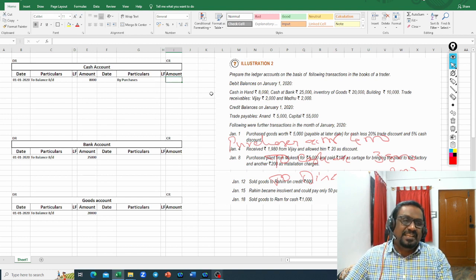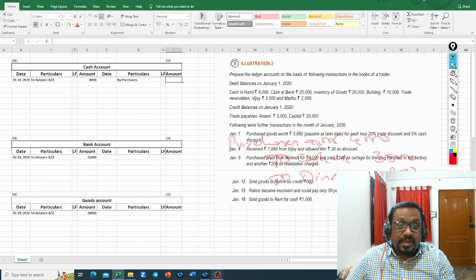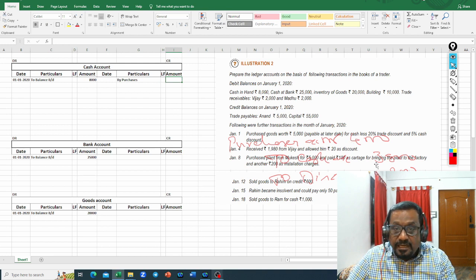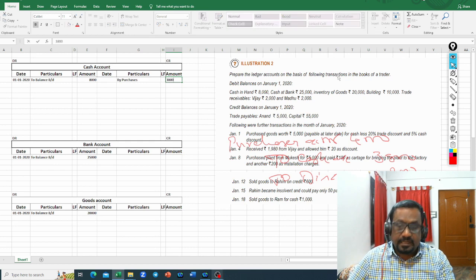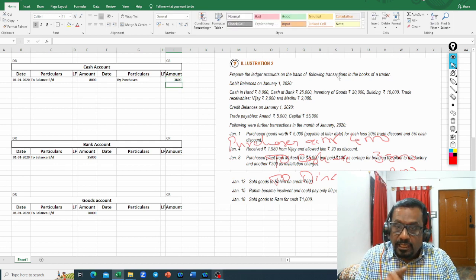Here is the beauty. What should be the amount I need to update? Opposite purchases 4,000 is there. No, you are not supposed to show 4,000 here. Cash account is created with how much? 3,800. The amount which is mentioned opposite to the cash account should be mentioned here. So that is 3,800. Guys, this I already explained in my previous video. Once again, I'm explaining.